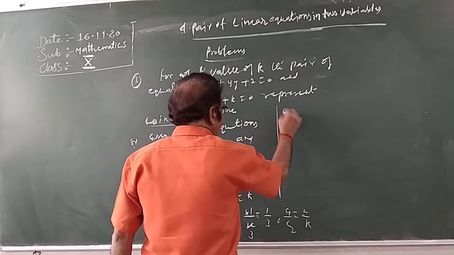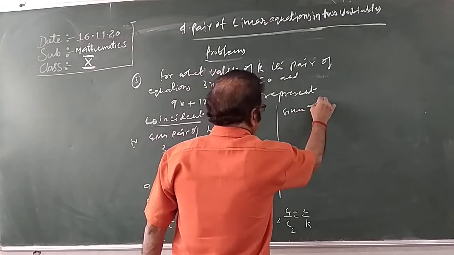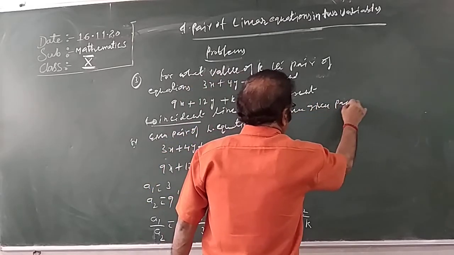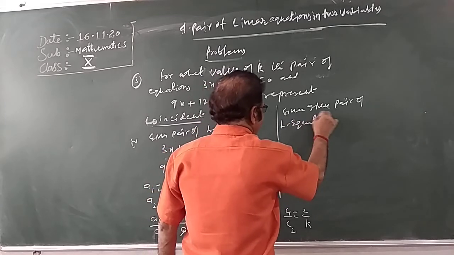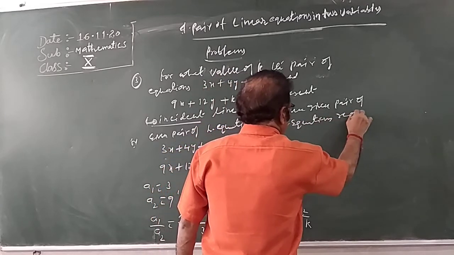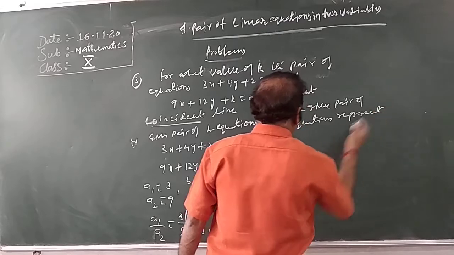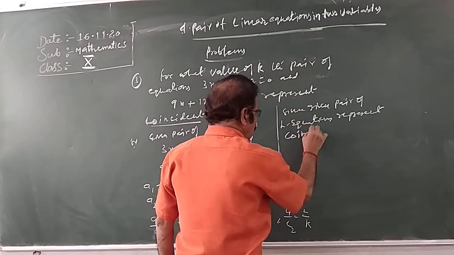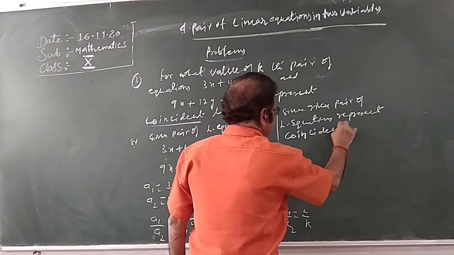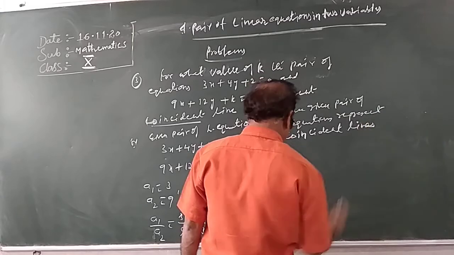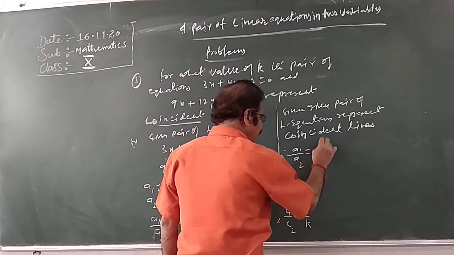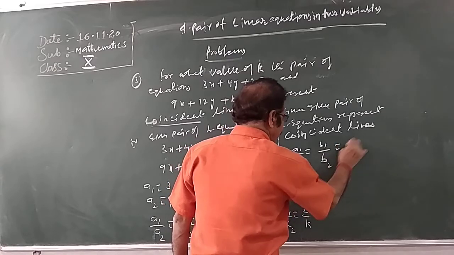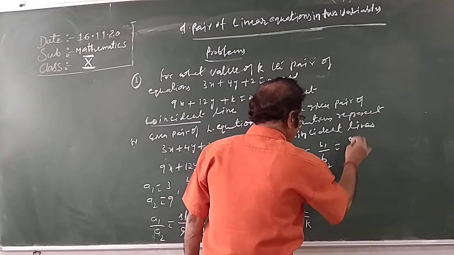Since the given pair of linear equations represent coincident lines, coincident lines mean all ratios are equal. A1 by A2 equal to B1 by B2 equal to C1 by C2.